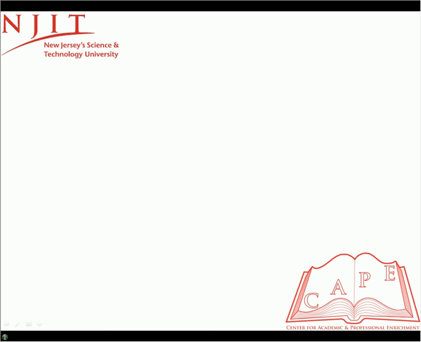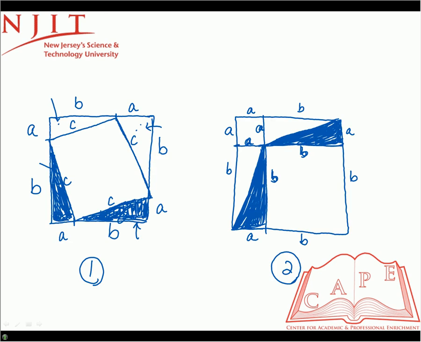Okay, so let's look at figure 1, and we're going to write that on the left side here. We have the four triangles, as we said before, and they all have the same area, right? They're going to be 1/2 the length times the width, which is 1/2 A times B. And there's 4 of them, correct?